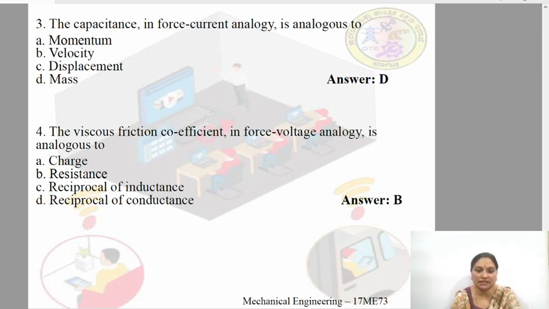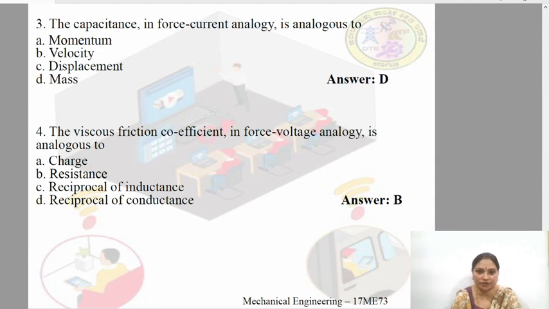So therefore the right option is option D. It is not analogous to momentum nor velocity nor displacement. Hence the right option is mass, that is option D.